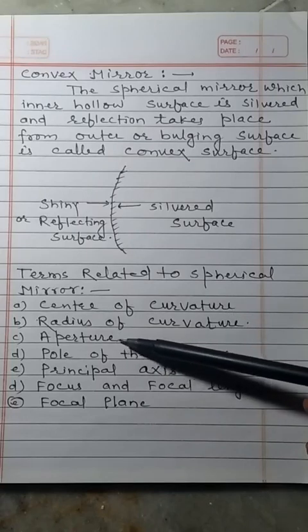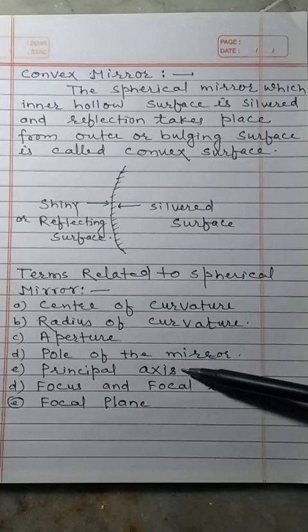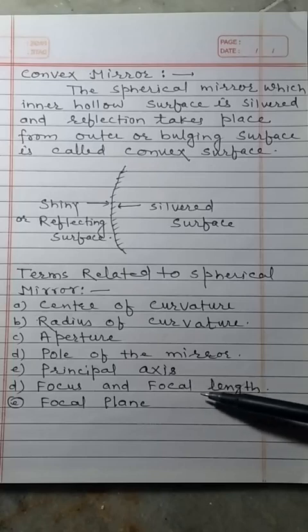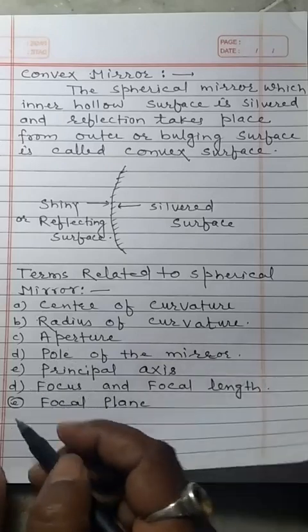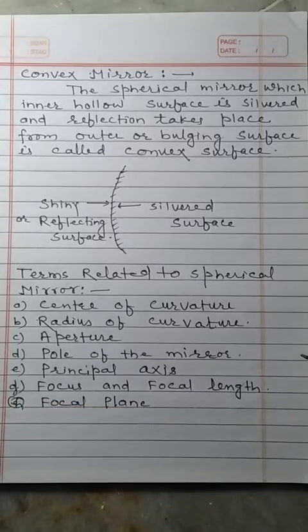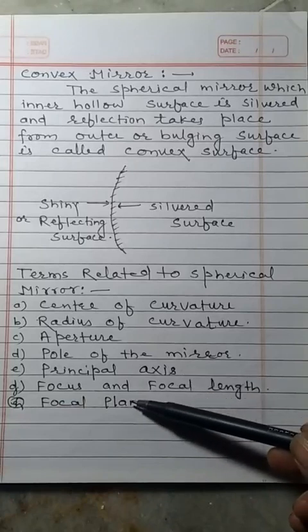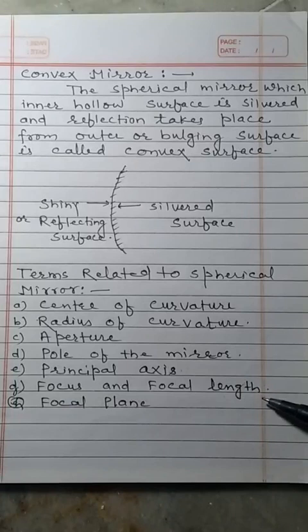Number three, aperture. Number four, pole of the mirror. Number five, principal axis. Next, focus and focal length.